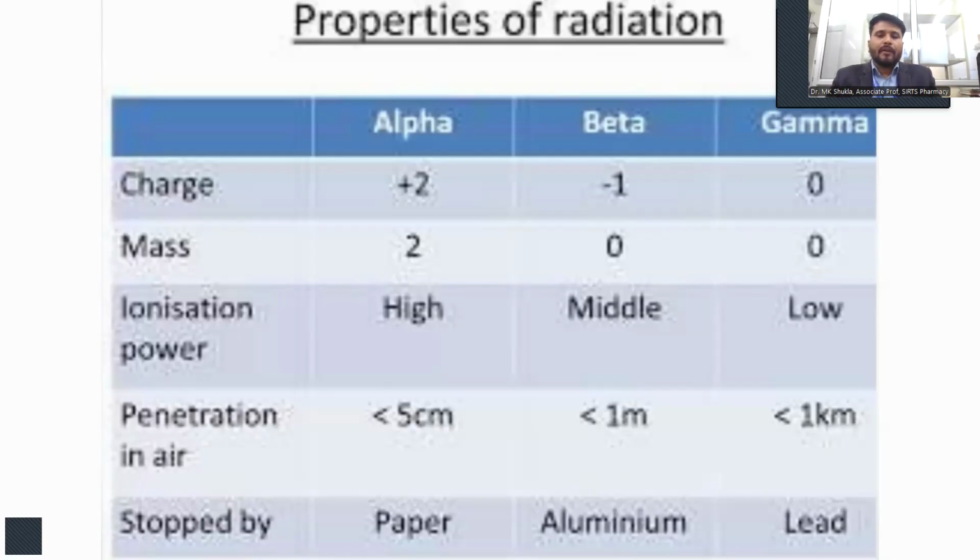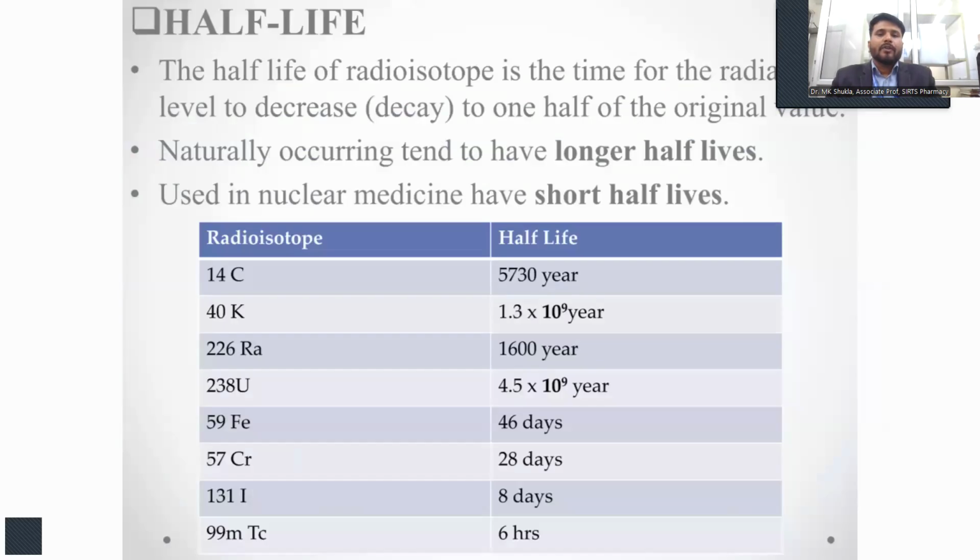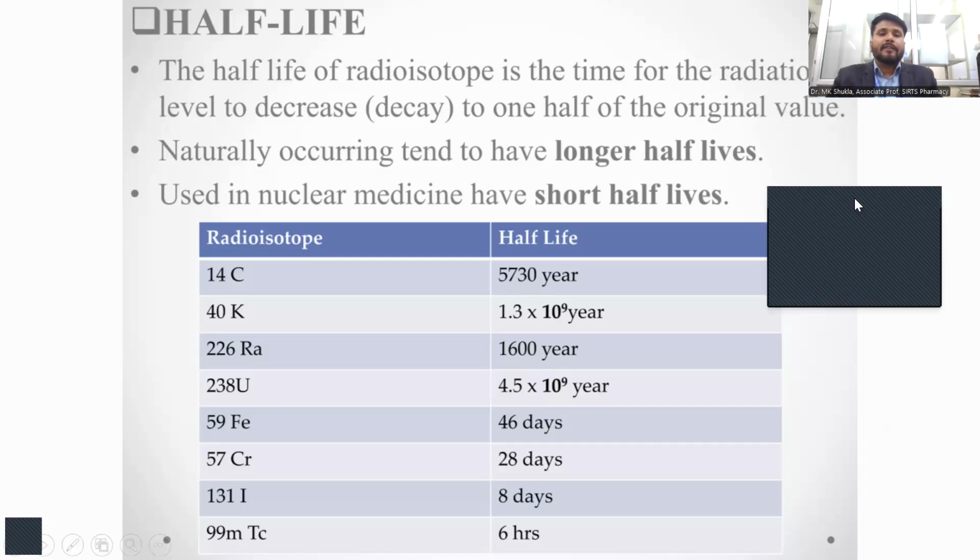So what is half-life? The half-life of a radioisotope is the time for the radiation level to decay to one half of the original value. Naturally occurring isotopes tend to have longer half-lives. Those used in nuclear medicine have short half-lives.